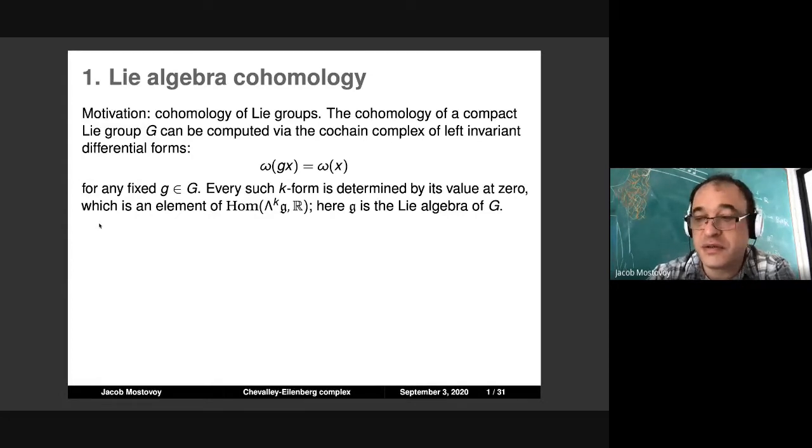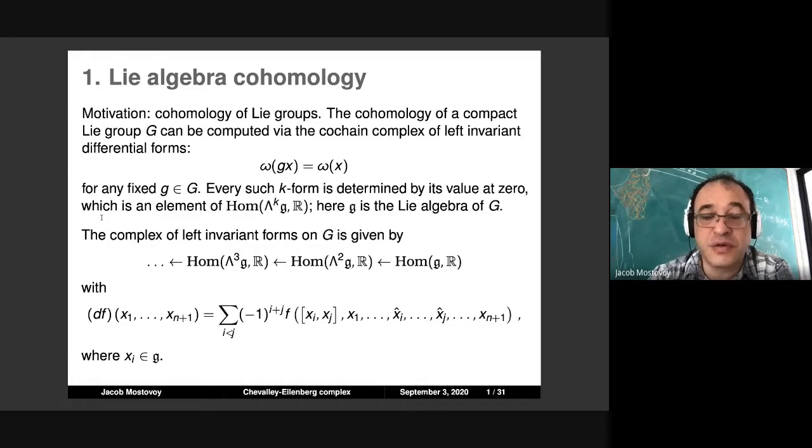really this whole question reduces to the study of a certain complex defined in terms of the Lie algebra of your Lie group.